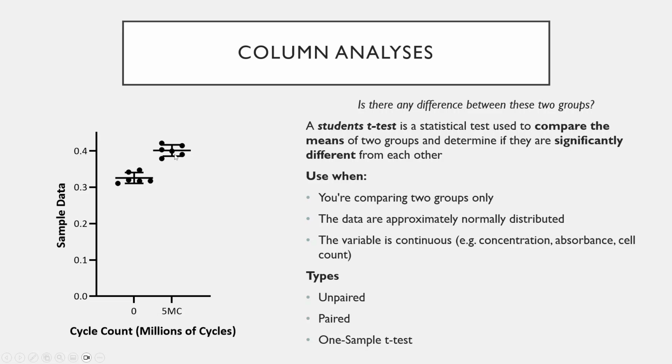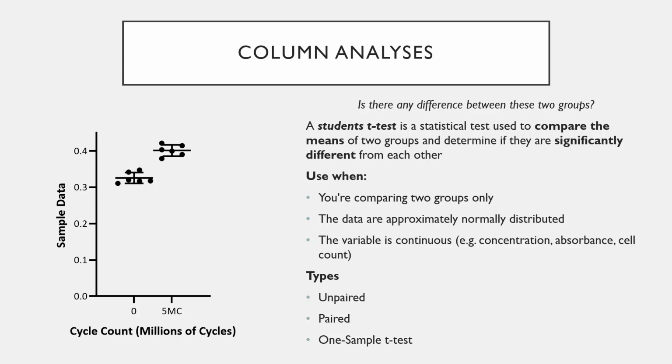So unpaired would mean that they're totally independent, right? Here's my placebo group, here's my treatment group. A paired test is when they are the same. And it's like, hey, here are my samples at baseline. Here they are after some amount of time, some amount of treatment, and so on.